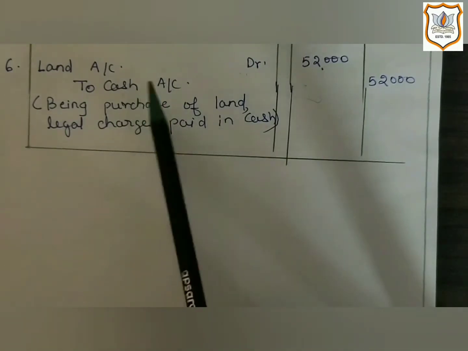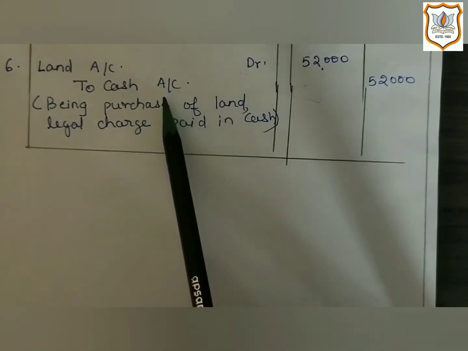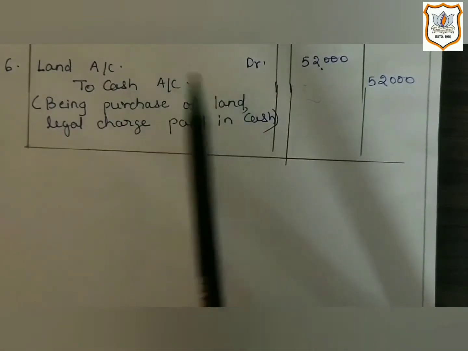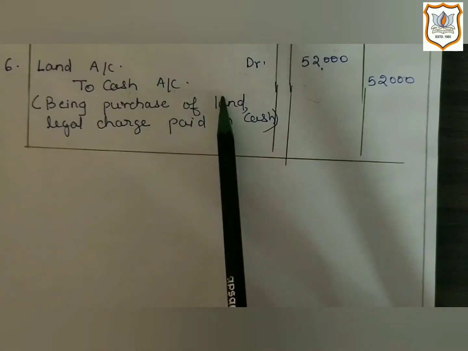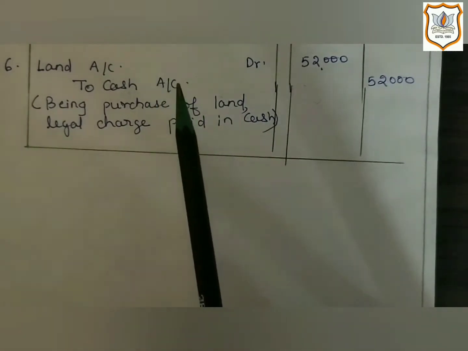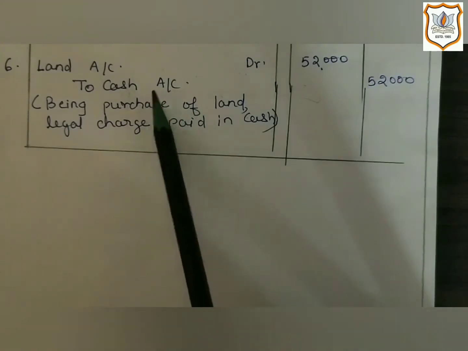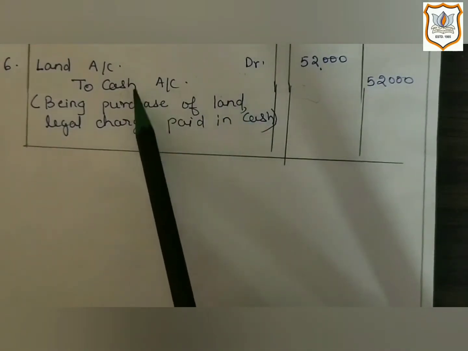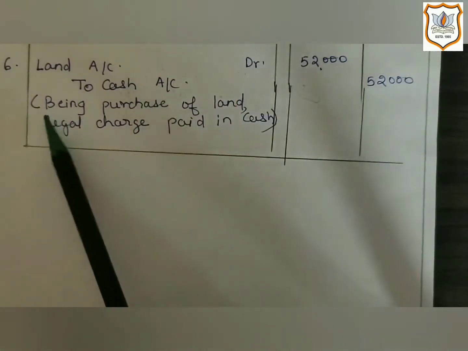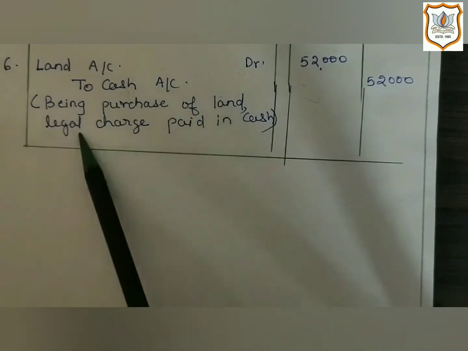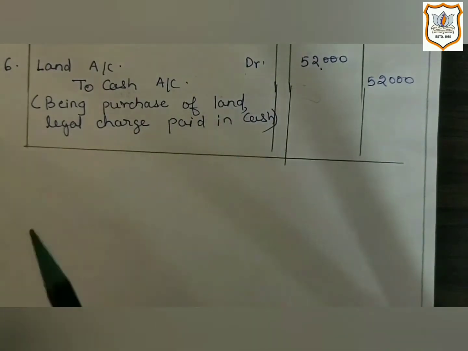So here also we will apply the rule of real account. So as per the rule of real account, credit what goes out. Here cash is going out of business as we have purchased this land by making payment through cash. So here cash is going out of business. That's why cash account will be credited. And in narration we will write being purchase of land, legal charge paid in cash.